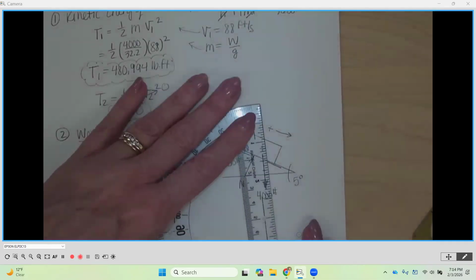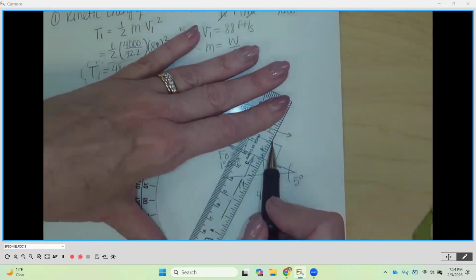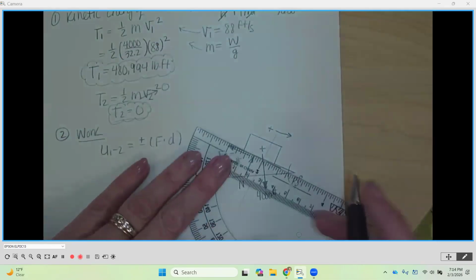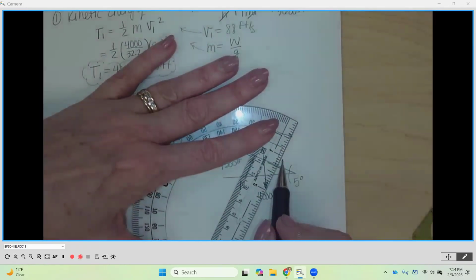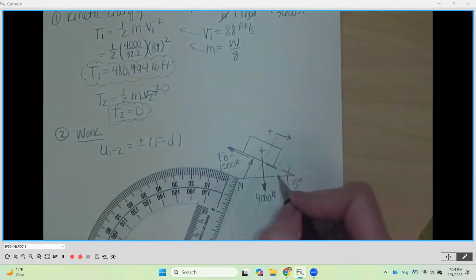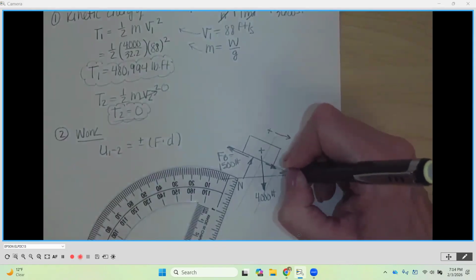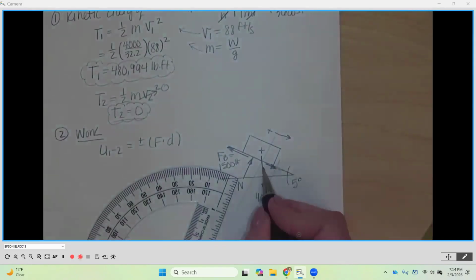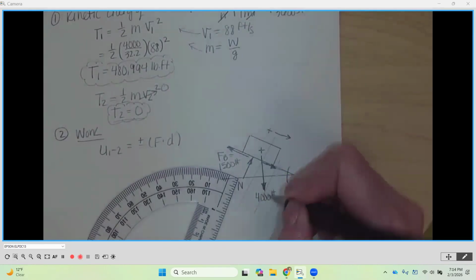So if I draw through here a y-axis, and this is my x-axis along here, and I draw crossing that my component going down the incline, do you see how that is the force going down, which would be a component of the weight coming down?